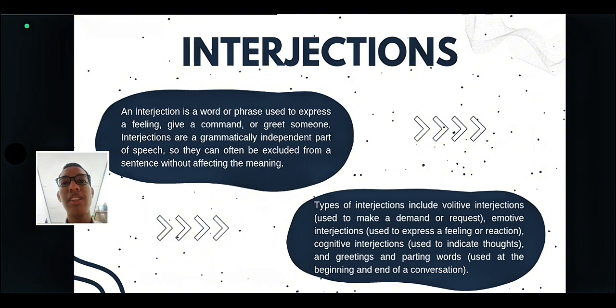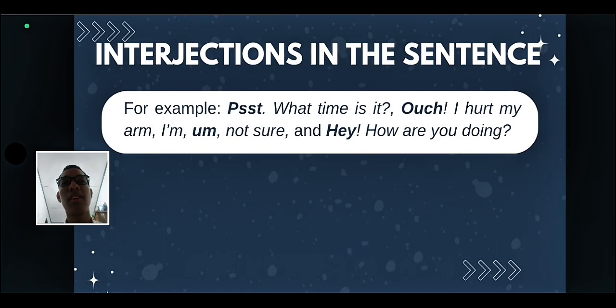Types of interjections include volitive interjections, emotive interjections, cognitive interjections, and greeting and parting words. For example, in the sentences: "Psst, what time is it? Ouch, I hurt my arm. I am not sure. And hey, how are you doing?"